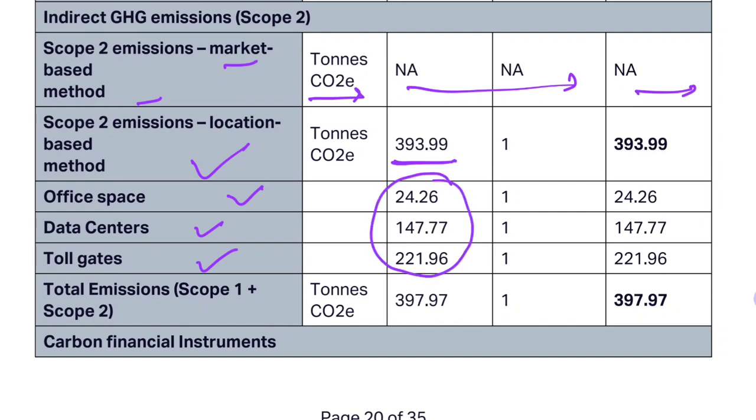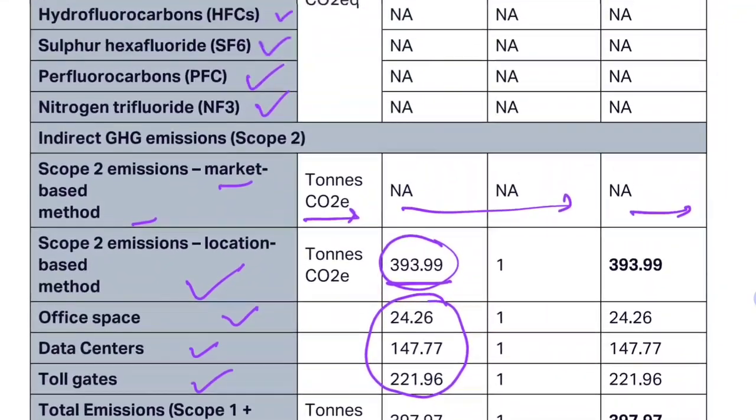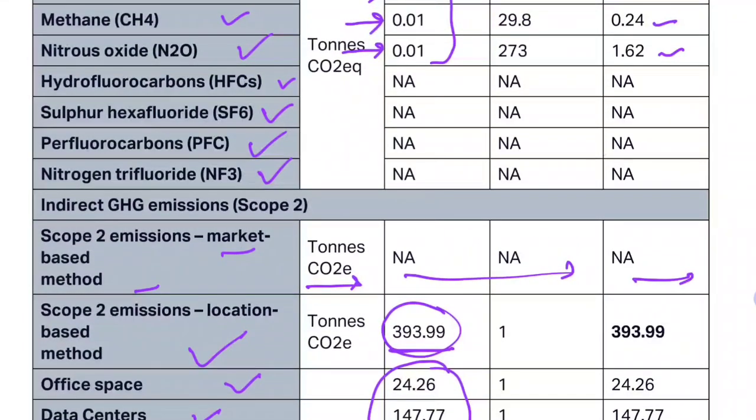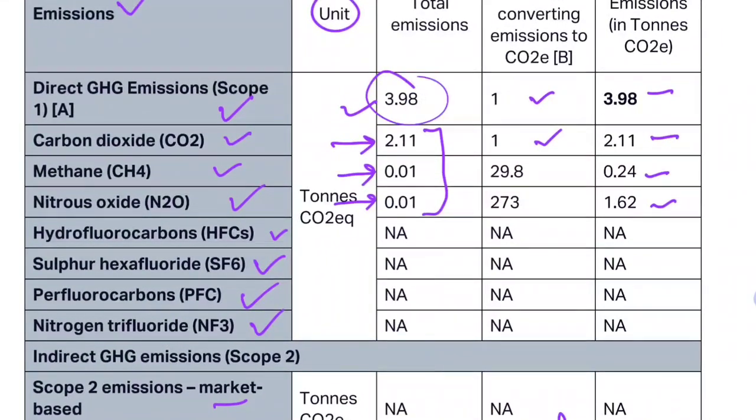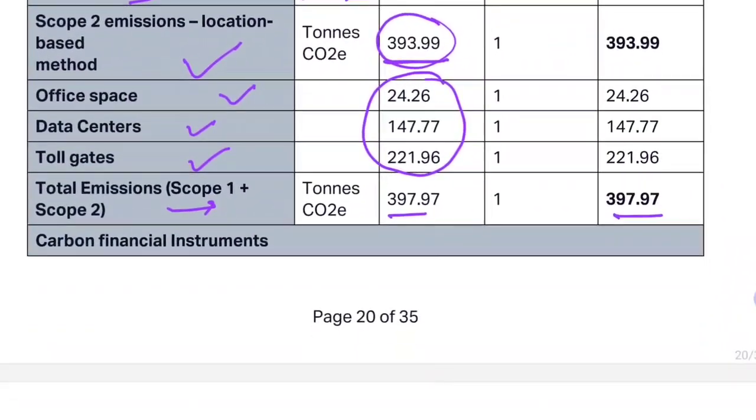So total emissions, scope 1 and 2, it is written here, adding together this and this one. So total scope 1 and 2, this is the tons of carbon dioxide equivalents.